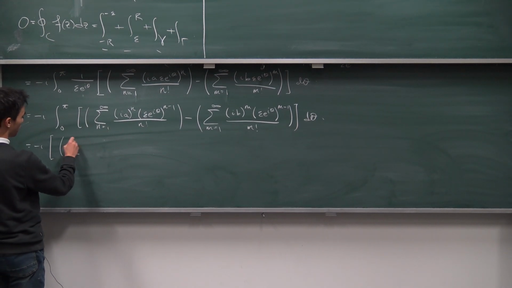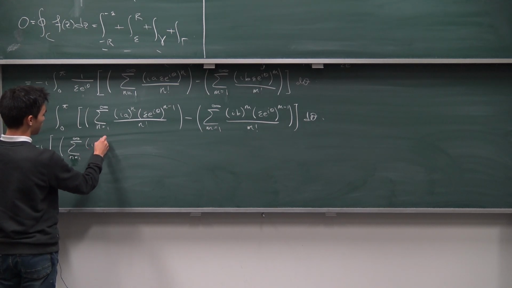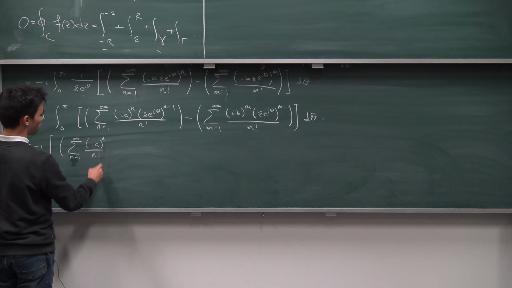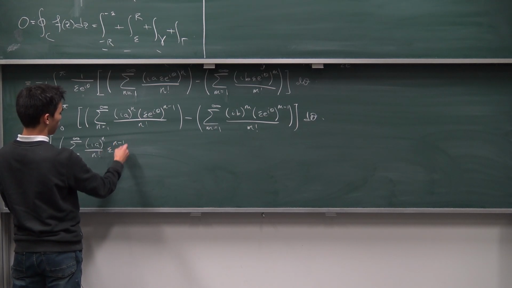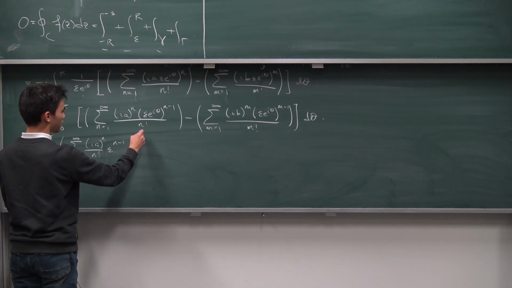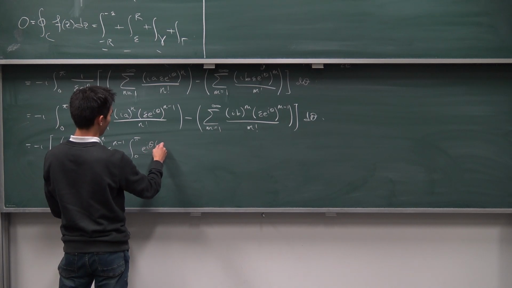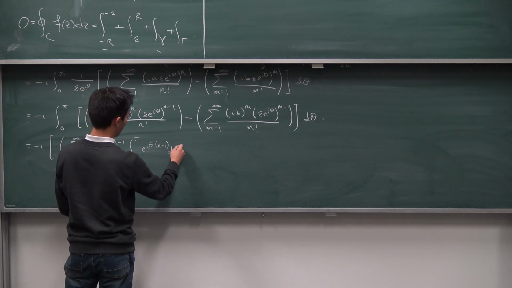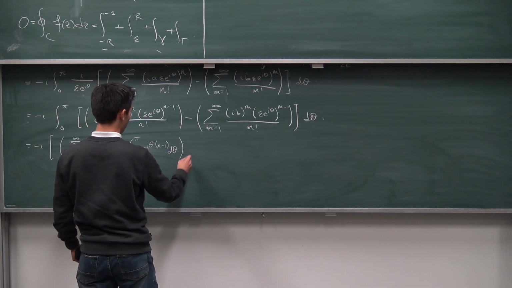We have the sum running from n equals 1 to infinity, i times a to the n, over n factorial, and let's see, we have epsilon to the n minus 1, and then the integral from 0 to pi. We're going to integrate that exponential, so e to the i theta, and I guess we have to have n minus 1 here as well, d theta.